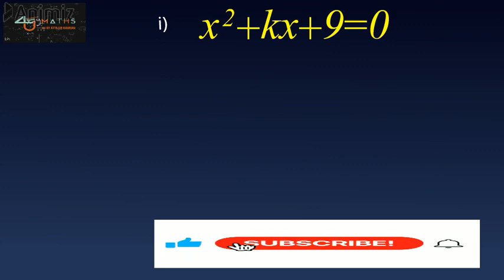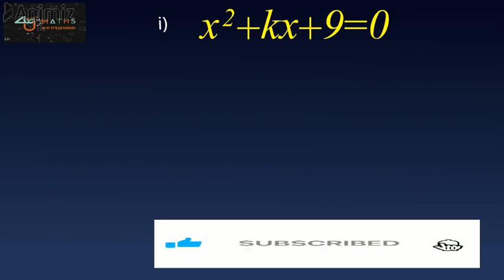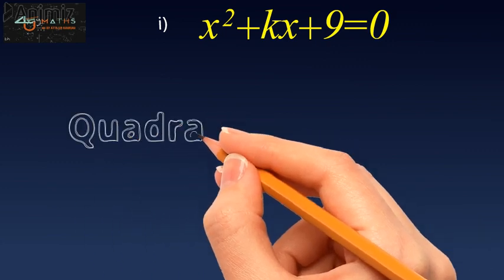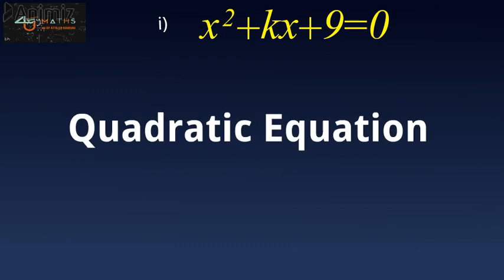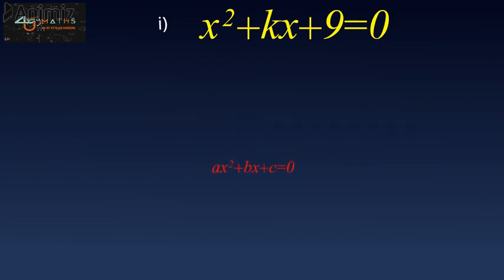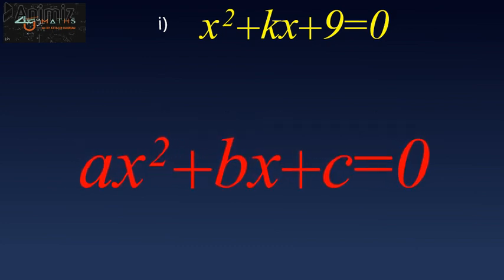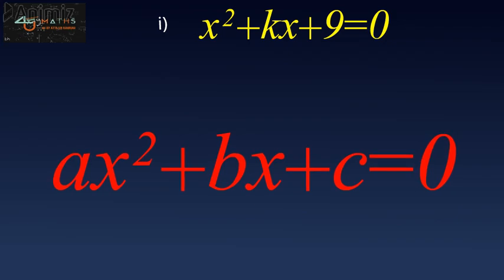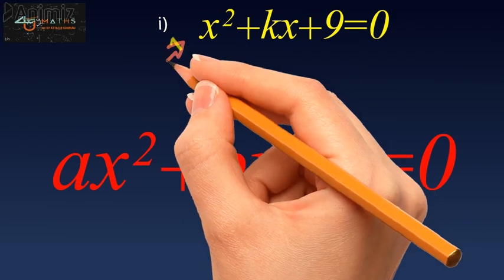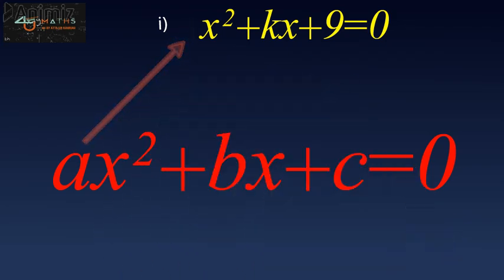On comparing this equation with the standard form of the quadratic equation, that is with ax square plus bx plus c is equal to 0, we see that a is equal to 1, b is equal to k and c is equal to 9.